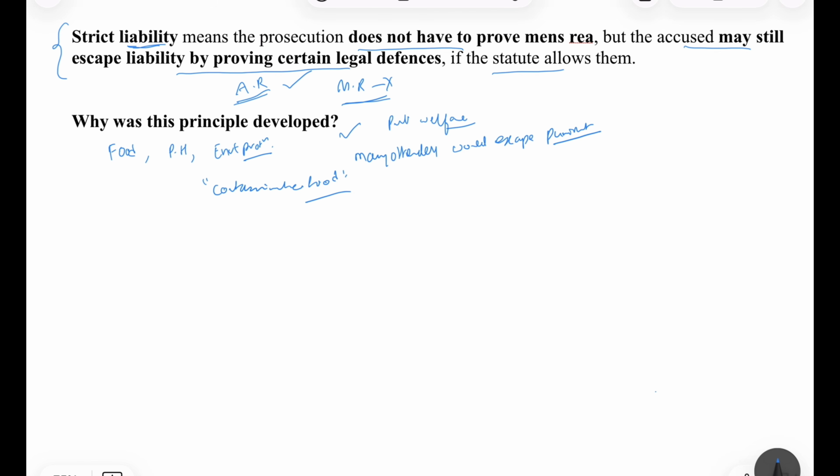Only these two questions for strict liability, because we do not have to refer to the intention, knowledge, or negligence of the owner. So mens rea is not necessary for ascertaining strict liability. I hope this is clear.